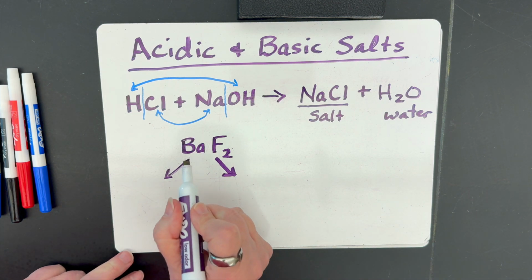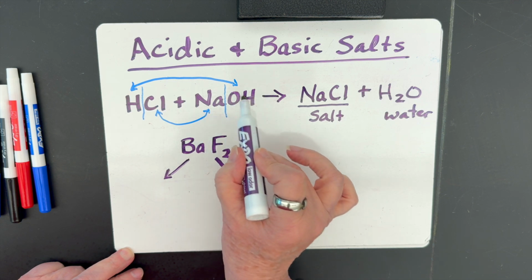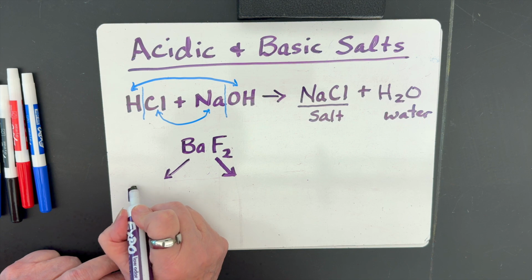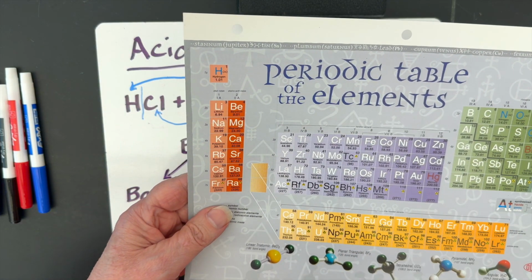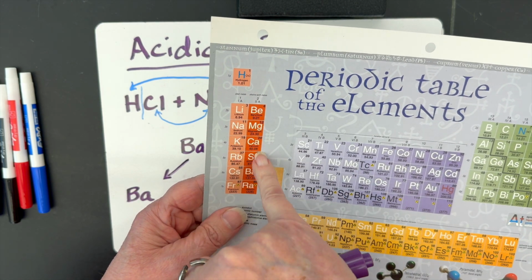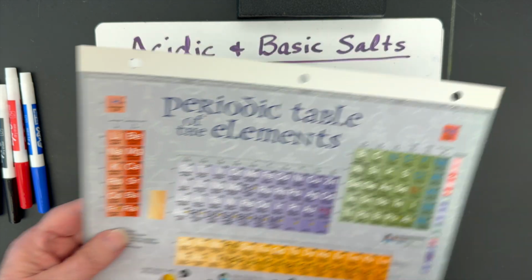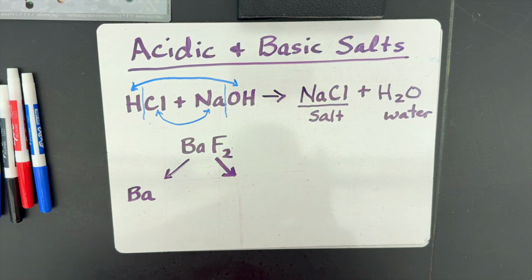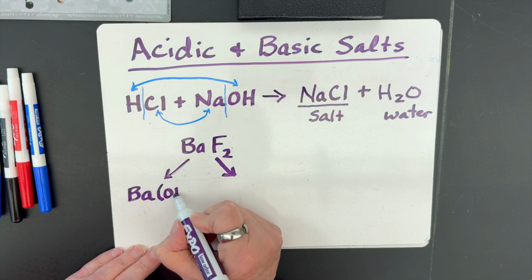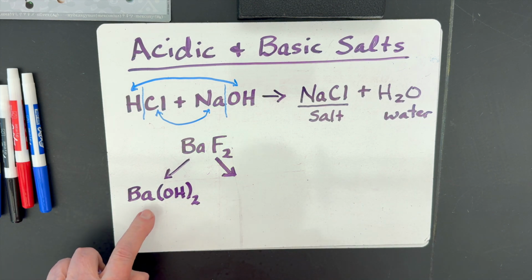So remember, our Ba came off of the base, so we're going to put OHs on that. Well, Ba is here in column 2 of the periodic table, so when it becomes an ion, it has a +2 charge. OH is a -1 ion, so we need 2 of those to balance out our Ba. So this is our base.